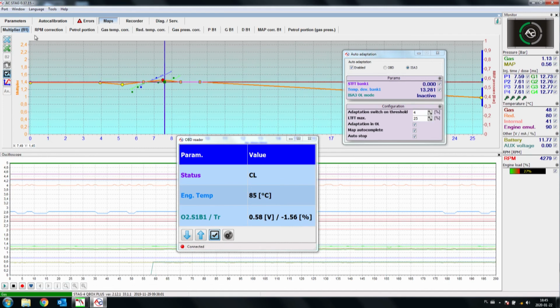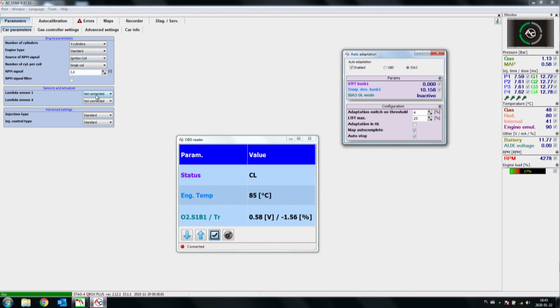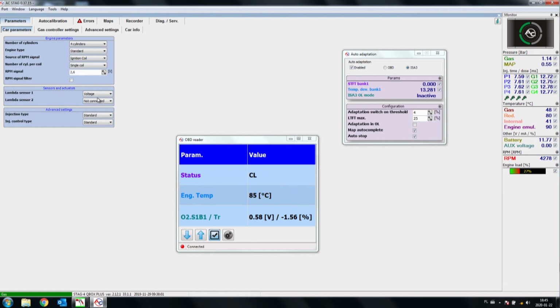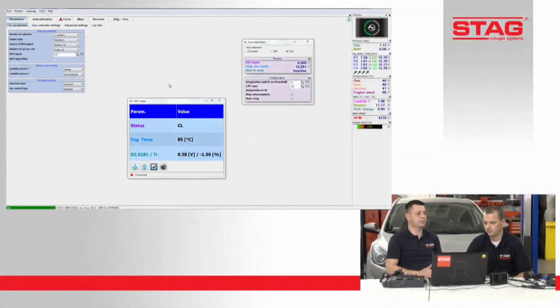If you do not have a connection to OBD, remember, if you want to use auto adaptation in open loop with ESA3, you need to connect the lambda sensor. Yes, because in ESA3 auto adaptation mode, the system needs information about the lambda probe from OBD, if you connect to OBD, or physically from the voltage of the lambda sensor.